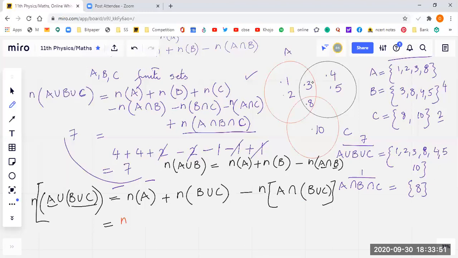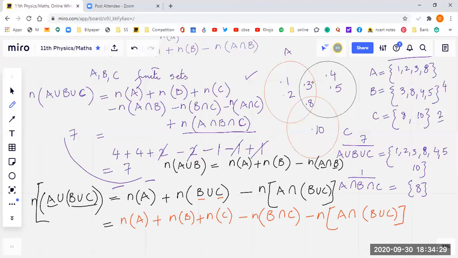So I can write it as number of elements in A plus, now this can be again extended. Take this as the first set, C as the second set. So it will be number of elements in B plus number of elements in C, minus number of elements in B intersection C, perfectly right, minus number of elements in A intersection B union C, perfectly right.